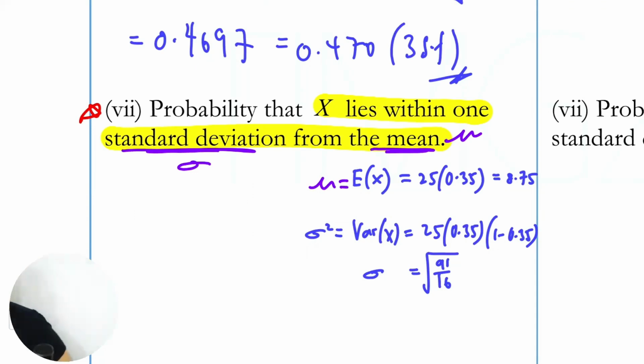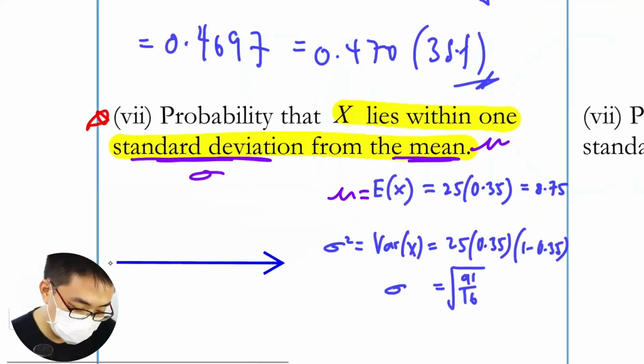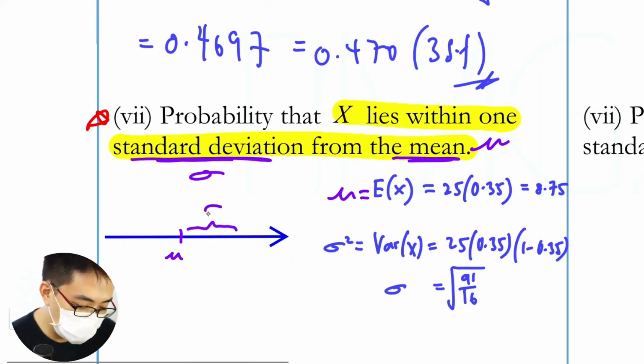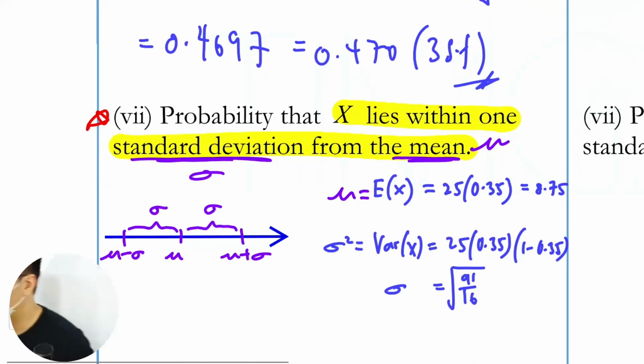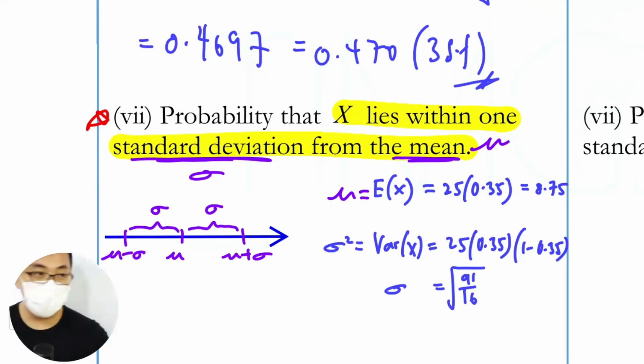Okay. What does it mean? It means that for the probability of X, if this is the mean, we want X to be one standard deviation away. So this is mu plus sigma, and this is mu minus sigma. This is what is meant by one standard deviation away.